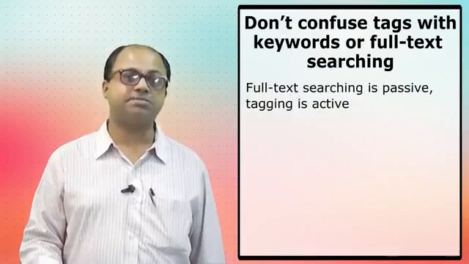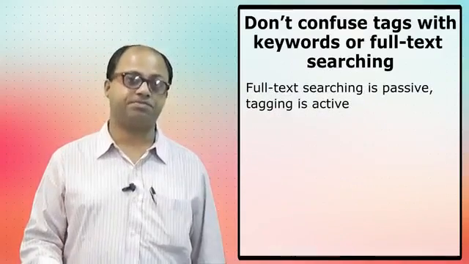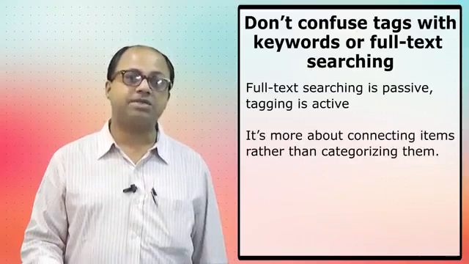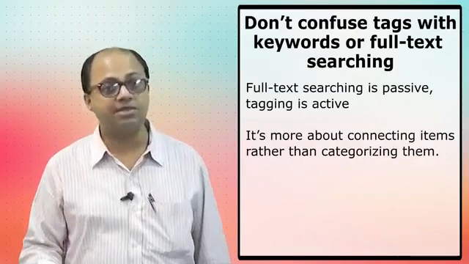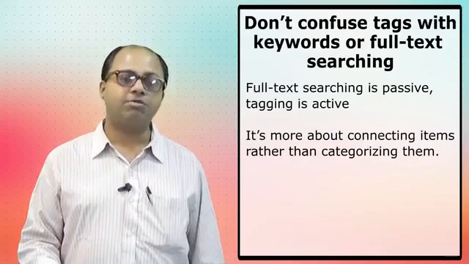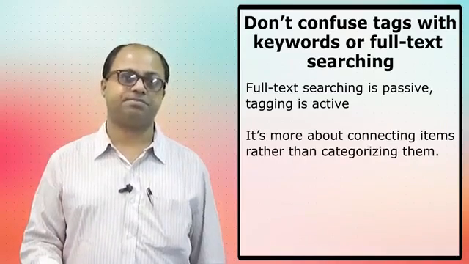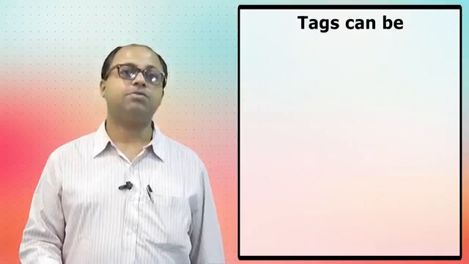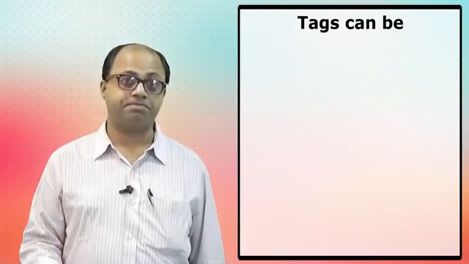Full text searching is passive. Tagging is active. It is more about connecting items rather than categorizing them. That is, the first emphasis of tags is how to link different objects. Now, what can tags be?